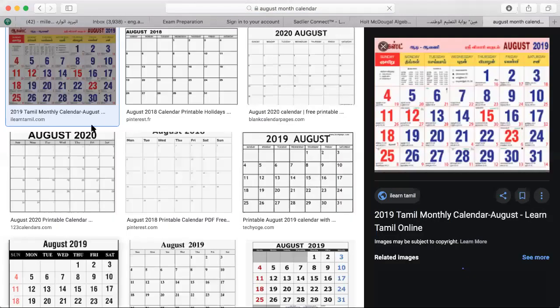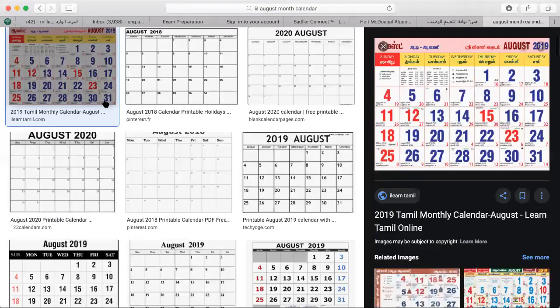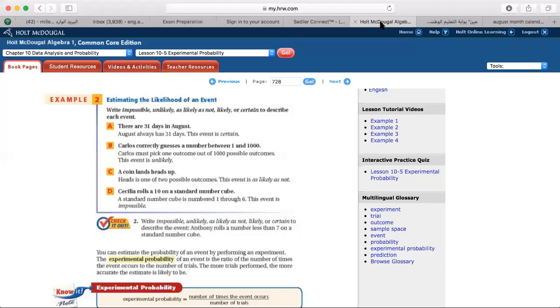August is always 31 days. 31 here, 31 here, 31, 31, 31. August is always 31 days. So it will never be 30 one year and 31 another year like February. February is always 28, except after 4 years, it is 29. Okay, so August is always 31.